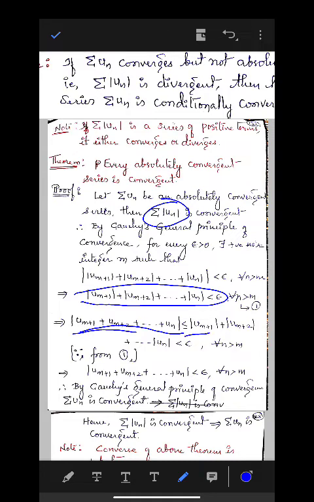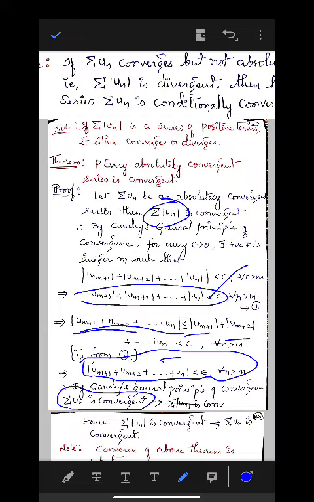Modulus of u_{n} is less than or equal to modulus of u_{n+1} plus modulus of u_{n+2} and so on up to modulus of un, which is less than epsilon. Already we have this is less than epsilon, right? So therefore I can say that this is less than epsilon, and hence by Cauchy's general principle of convergence, summation un is convergent.